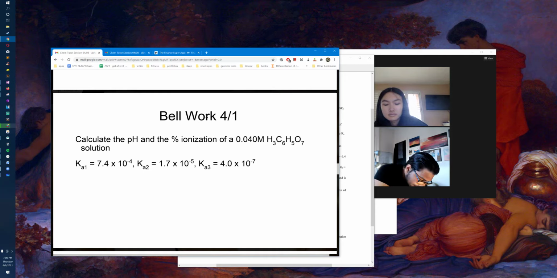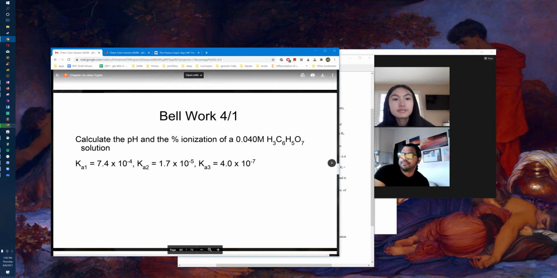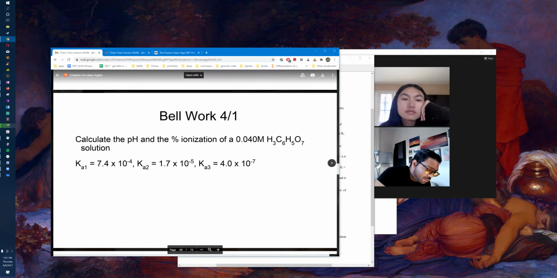So we need to find the Ka value. We know what the HA value is. We just need to know the A minus concentration. But actually, it will turn into not just A minus, but H plus. They give us the pH so we can figure out the H plus concentration, and they give us the concentration of the HA, and then we can solve for Ka.